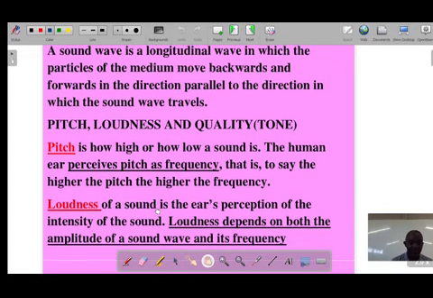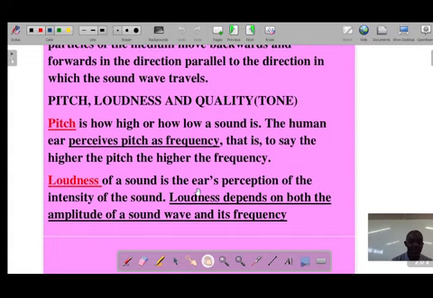Loudness of a sound is the ear's perception of the intensity of the sound. Loudness depends on both the amplitude of a sound wave and its frequency. Loudness goes hand in hand with amplitude, meaning the higher the amplitude, the louder the sound.